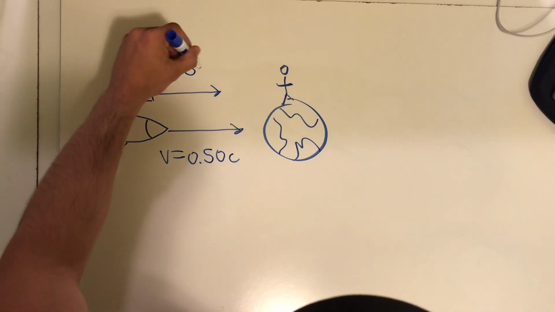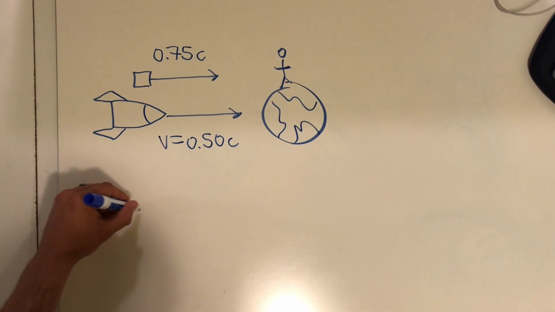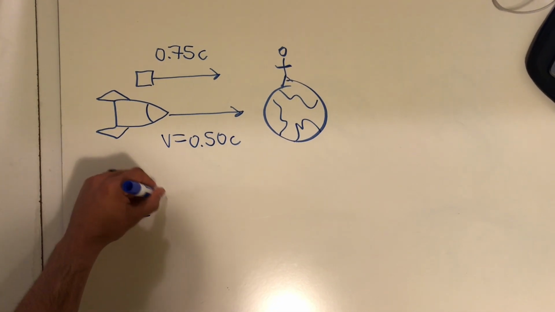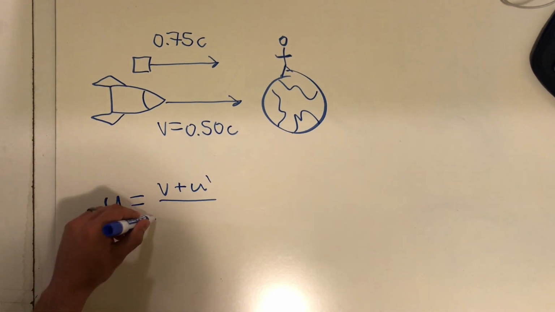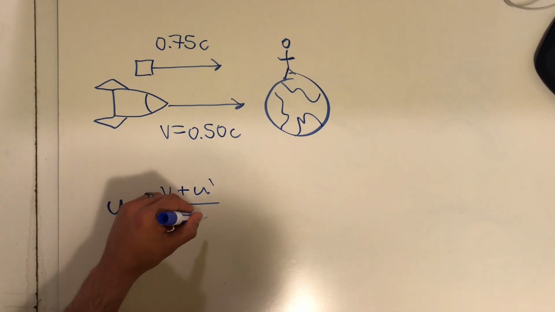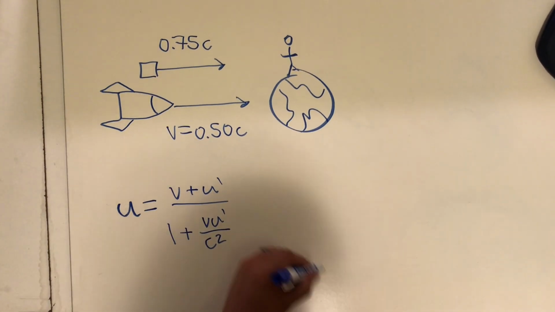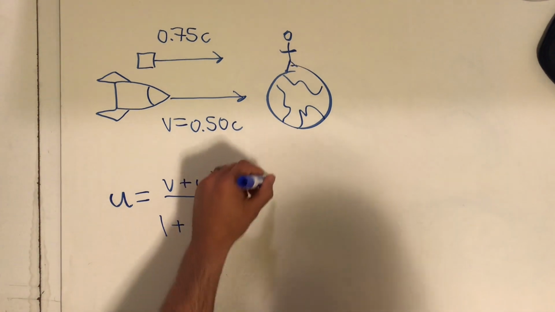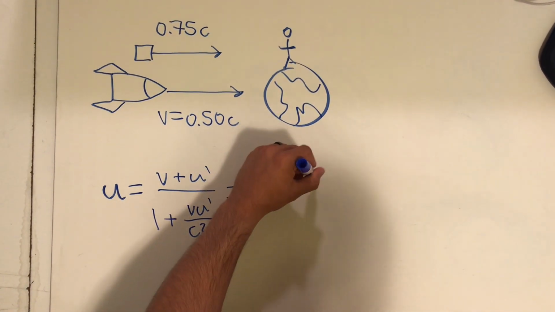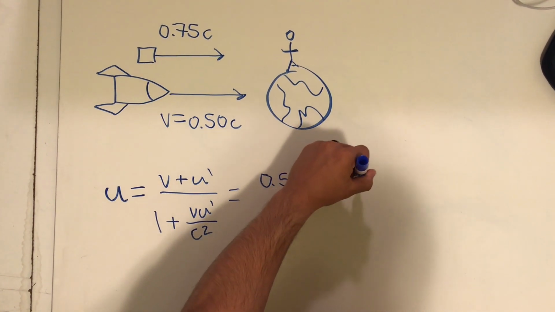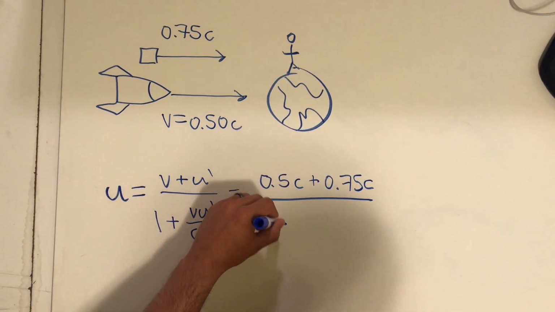So we'd employ the exact same equation that we've just gone over, which is u equals v plus u prime over 1 plus vu prime over c squared. And now if we plug in our variables, velocity of the moving object is 0.5 c, the velocity of the shot object is 0.75 c.